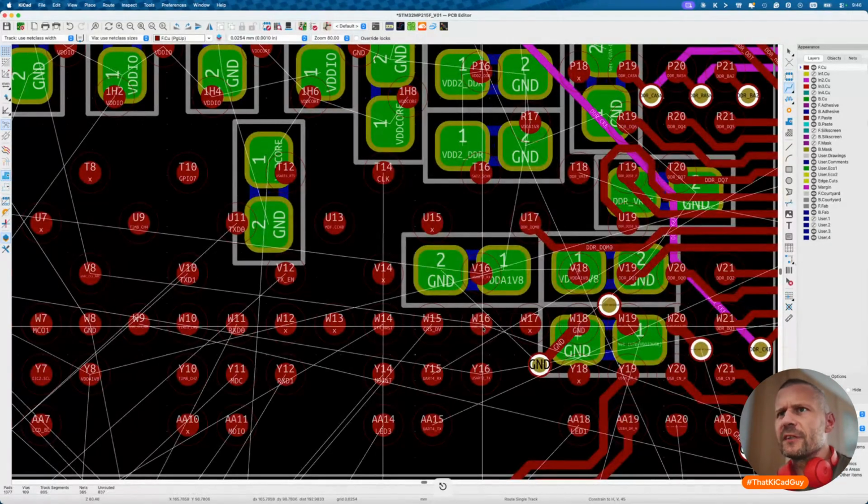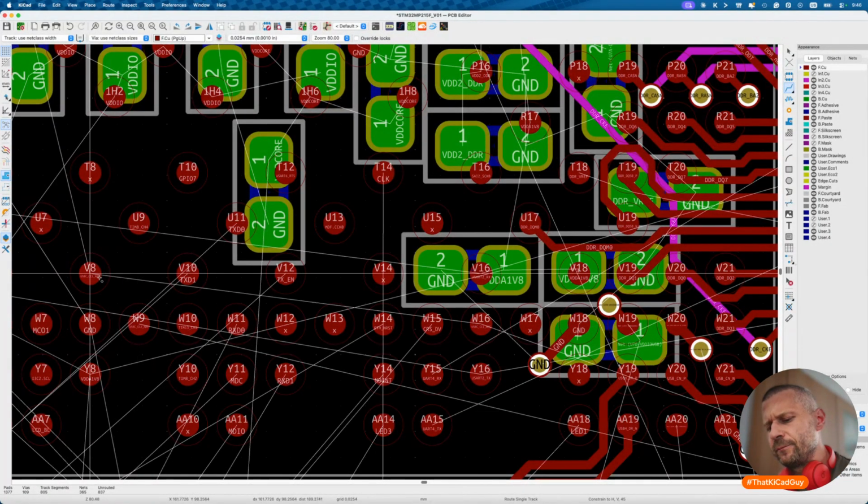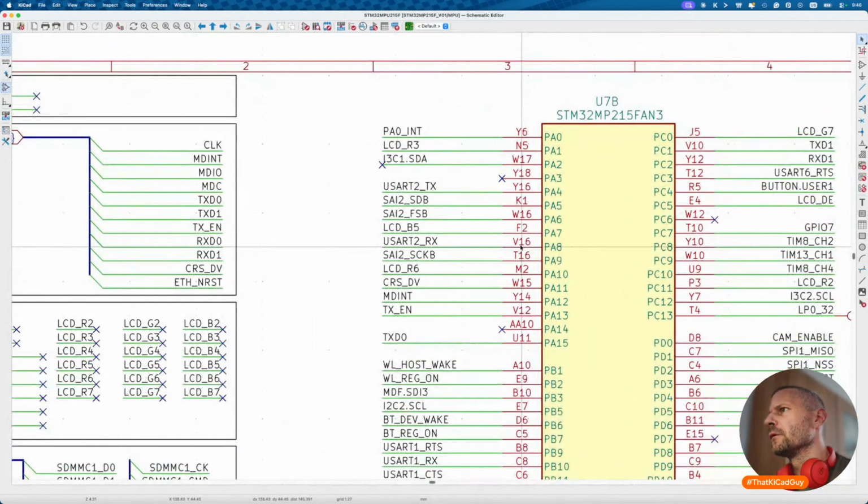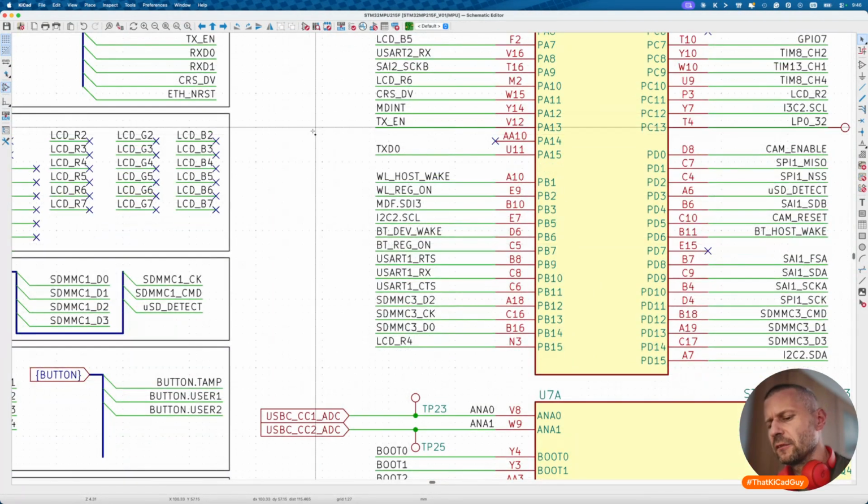V8 is a different signal, so why? I don't know where it is.